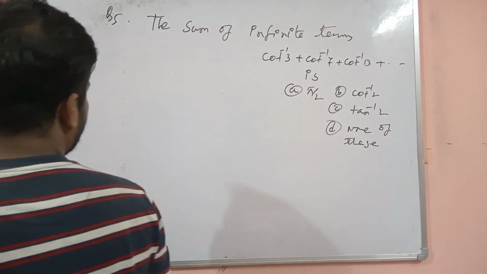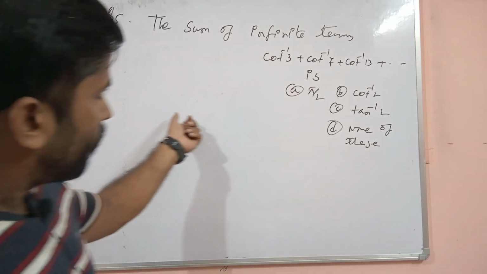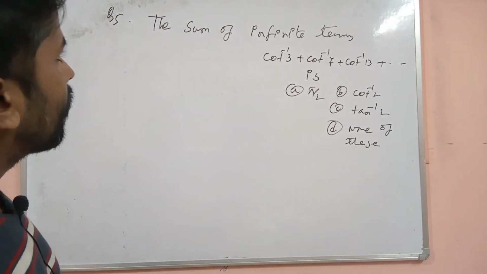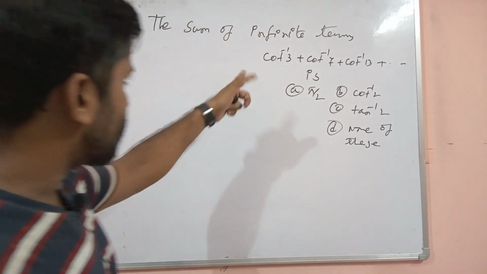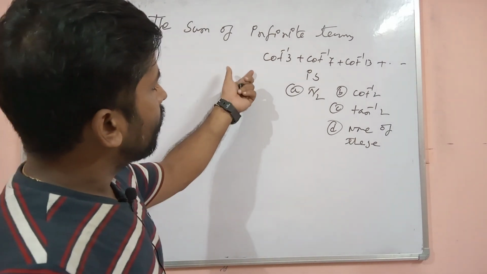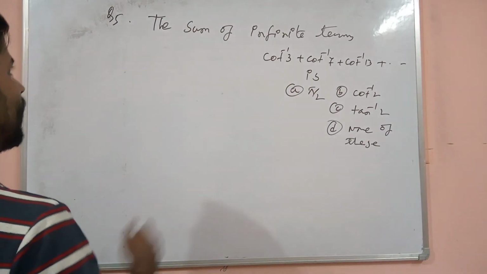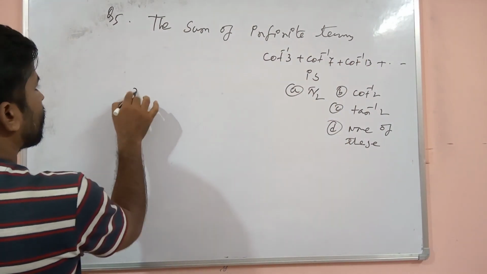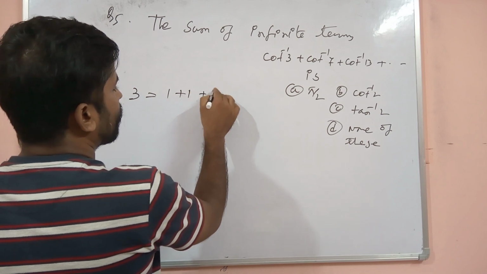Okay, so to realize the problem, we need to focus on the given portion and it must suggest how to do. Let's see if there is any sequence or not. As these numbers are 3, 7 and 13, 3 can be written as 1 plus 1 square.